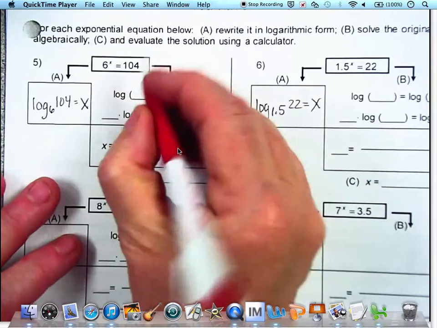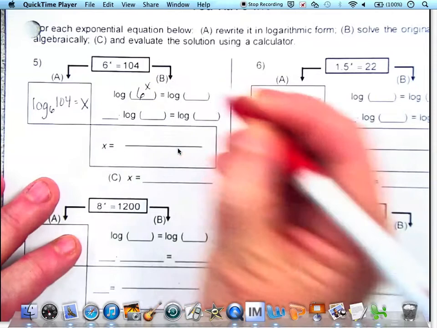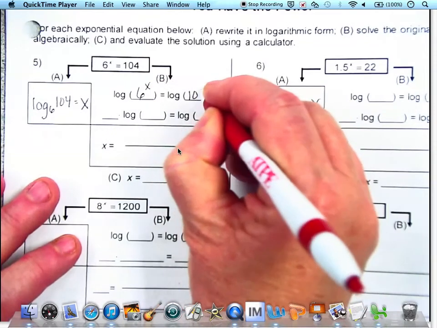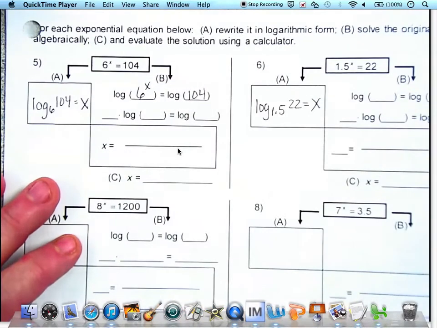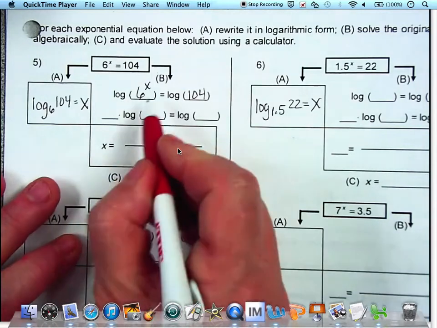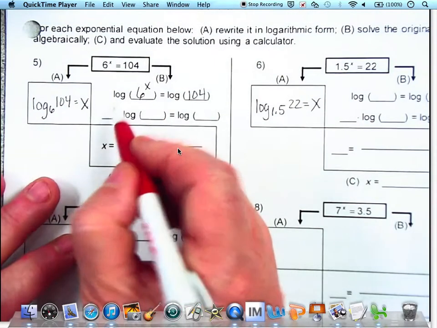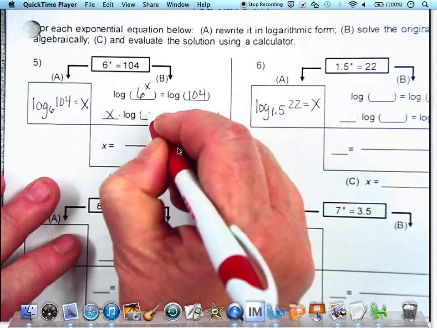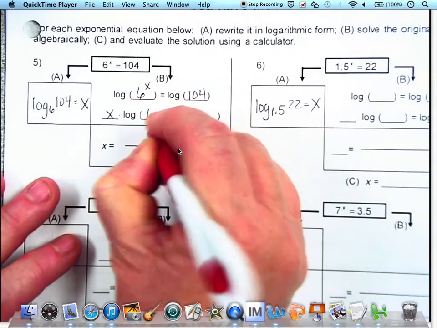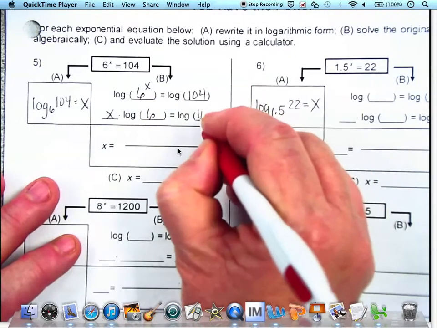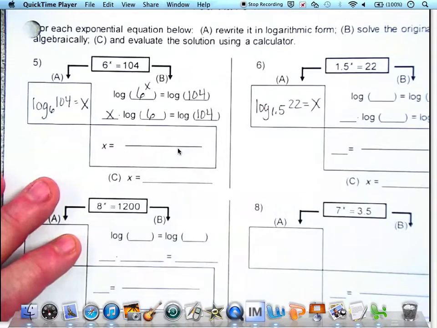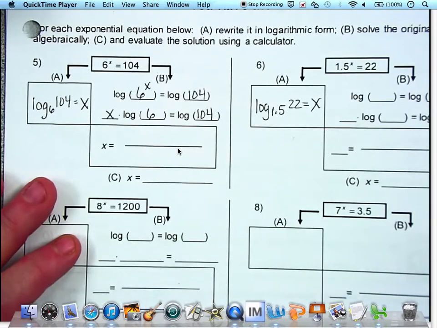So we have log of 6 to the x equals log of 104. Then what happens to the x? It moves to the front. So x times the log of 6 equals log of 104. Then what do you do to get x by itself? Divide by log 6.